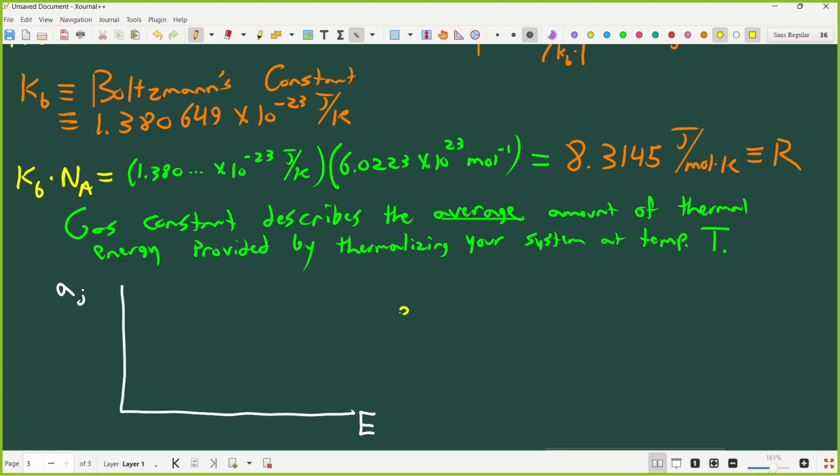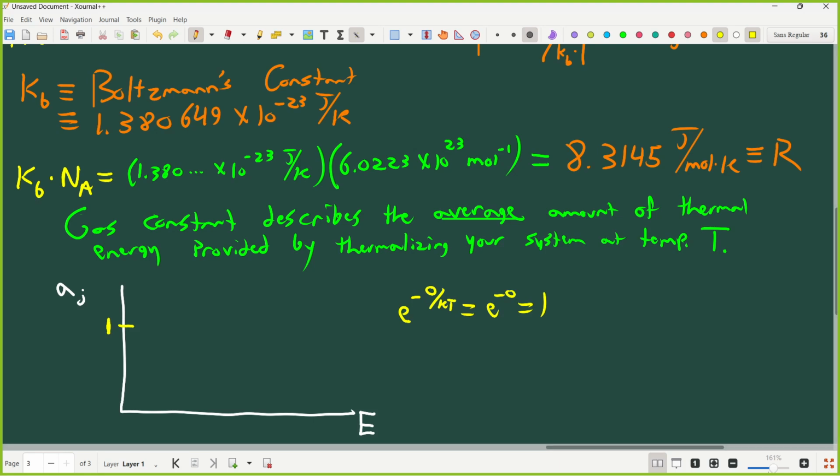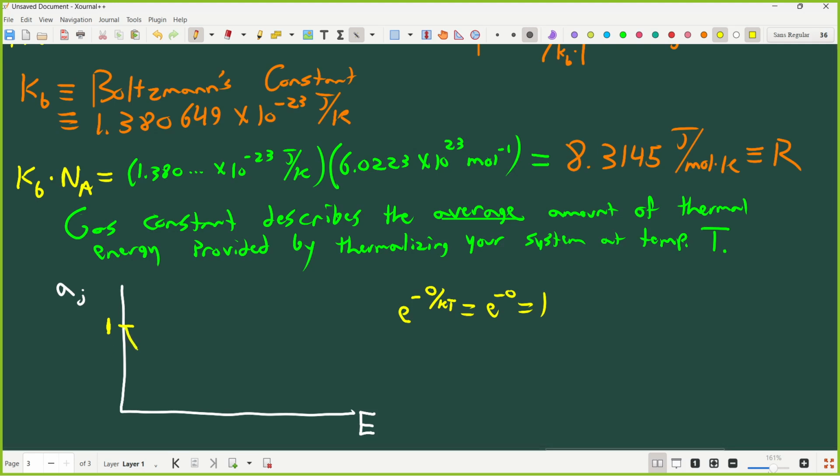But what it says is that this relationship, so let's think about it. e to the minus 0 over kT is e to the minus 0, which is 1. So the vertical intercept of this equation is 1, and it goes exponentially from there.